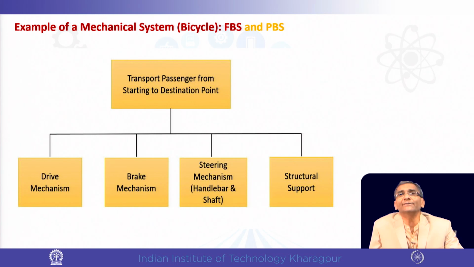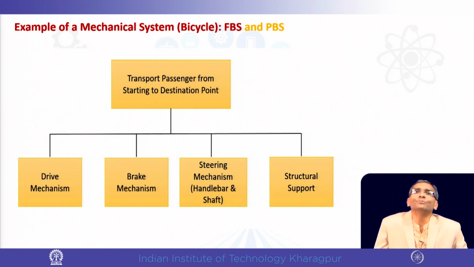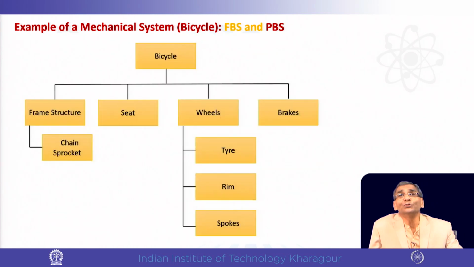Now, if we look at the function, then we would see that there are the drive mechanism, the brake mechanism, the steering mechanism comprising the handlebar and the shaft, the structural support, the frame, etc. Now, to cater to this, what we need is the physical breakdown structure.